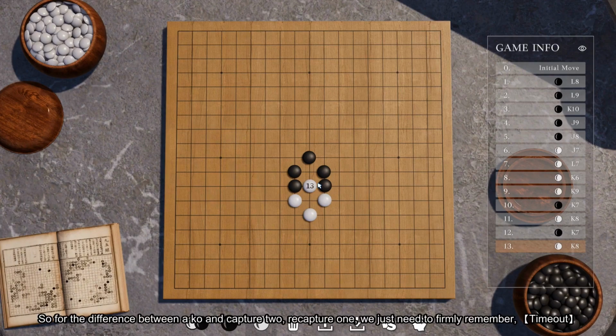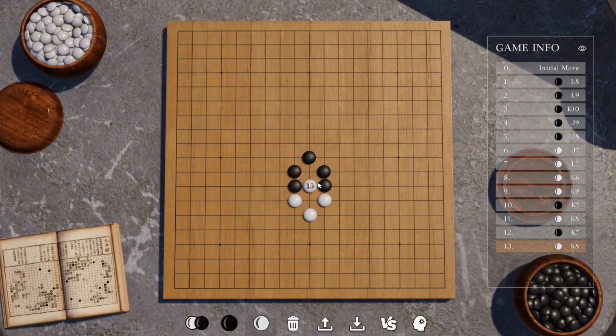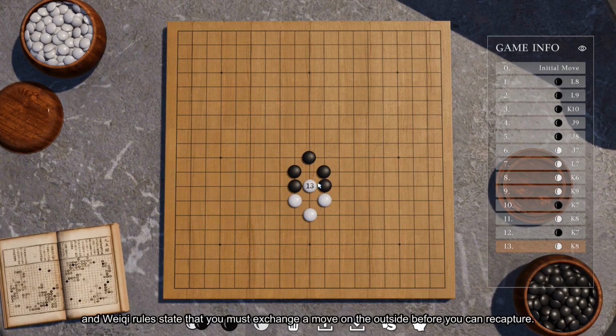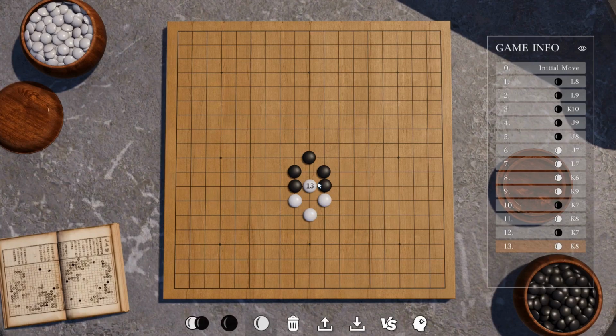So for the difference between a KO and capture 2, recapture 1, we just need to firmly remember: a KO is a 1-for-1 capture, and WeiQi rules state that you must exchange a move on the outside before you can recapture.